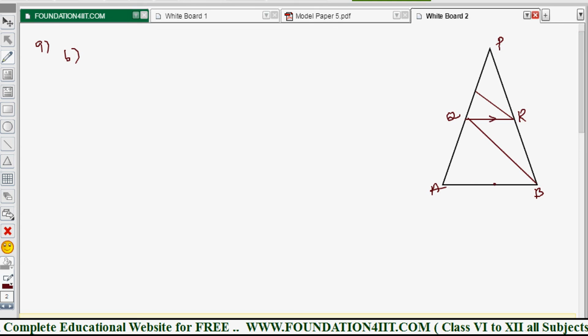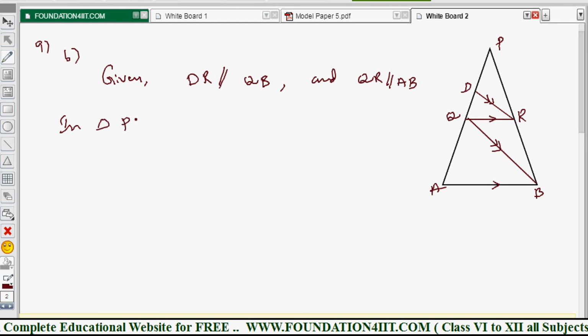So this is parallel to this, and this line is parallel to this QB. If you take the given data first, this point is D. So DR is parallel to QB, right? This is one given, and similarly QR is parallel to AB. Now in triangle PQR and triangle PAB, these two triangles I have to prove similar first.